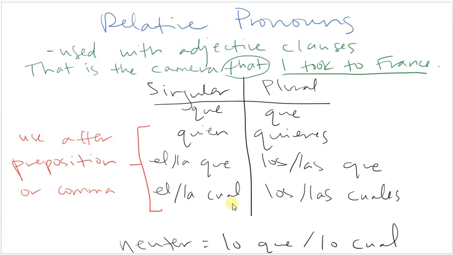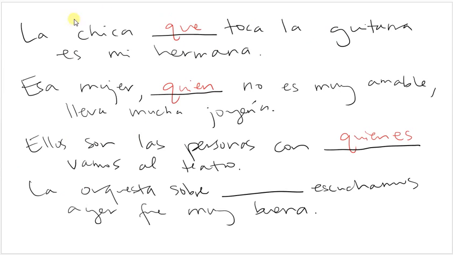Cual is a little bit more formal, so you would definitely use that in writing, but in speaking, you could use either one. Orchestra is feminine, so it's going to be la, and then it could be la que or la cual. So the orchestra about which we heard yesterday was very good. Sobre la que or sobre la cual escuchamos, either one is fine.